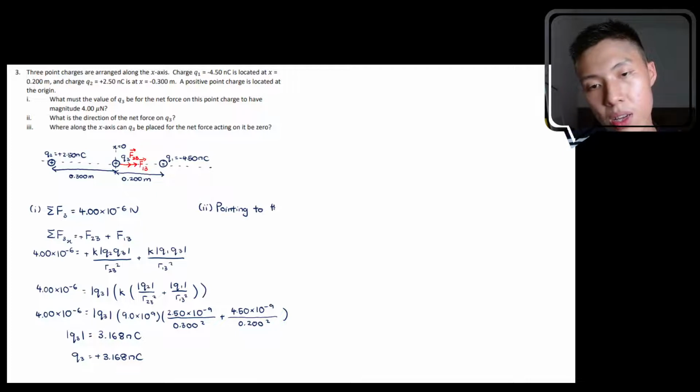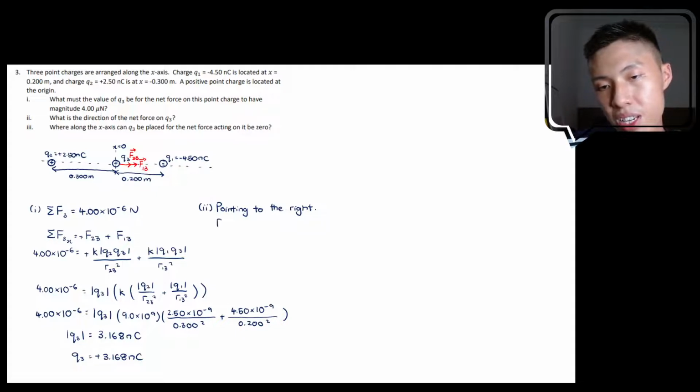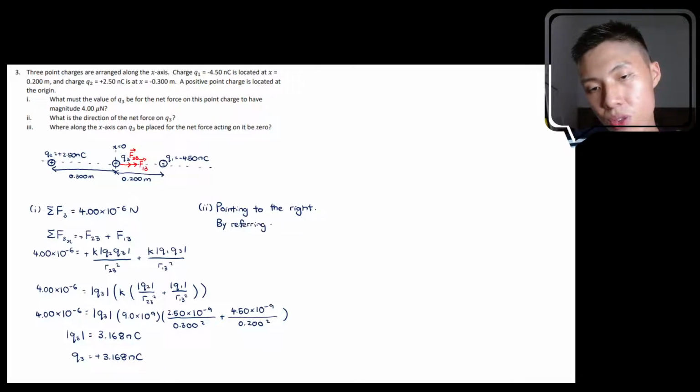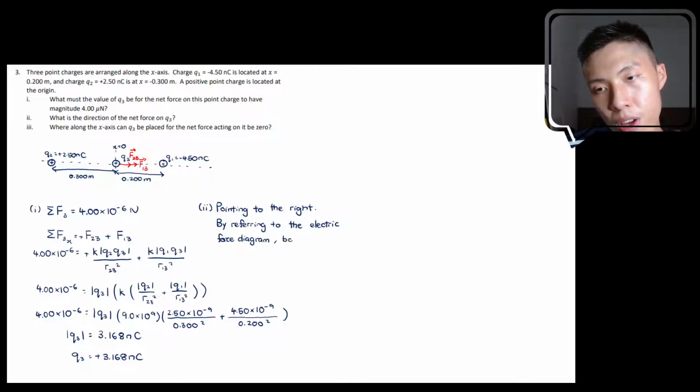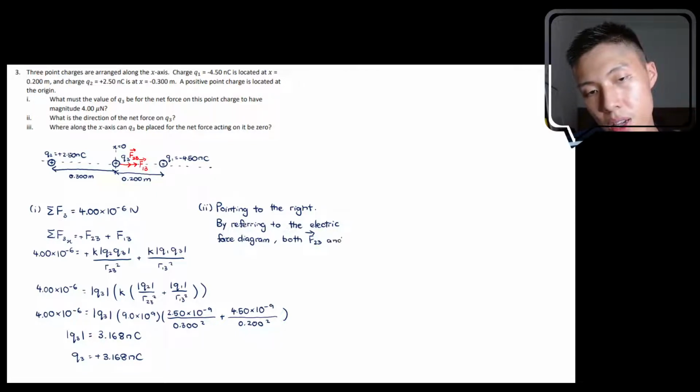If you worry that there are no steps, you can say, by referring to the electric force diagram, which is the diagram that I drew up here, both F23 and F13 are pointing to the right.